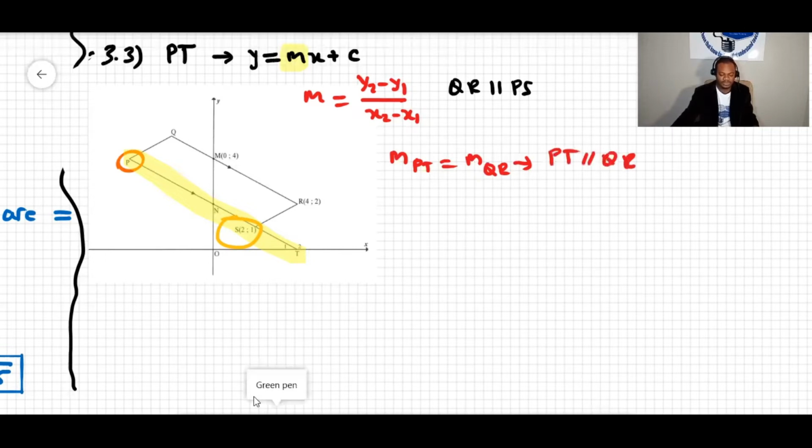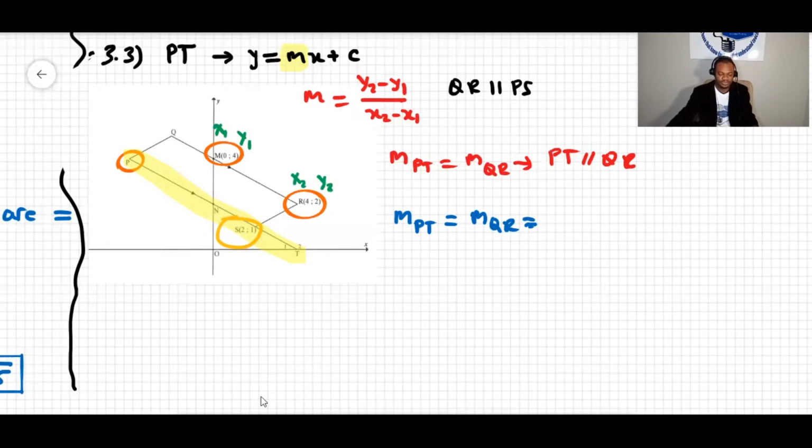Now we can work it out. m_QR, I'm going to take these points, R and M. So this is my x1 and that one my y1, and this is my x2 and that one my y2.